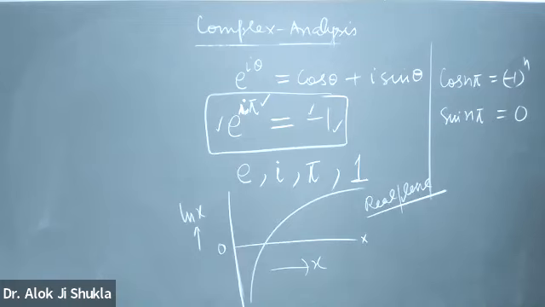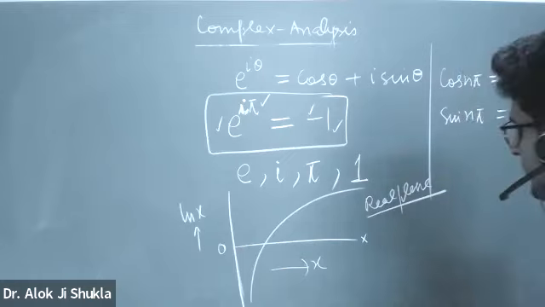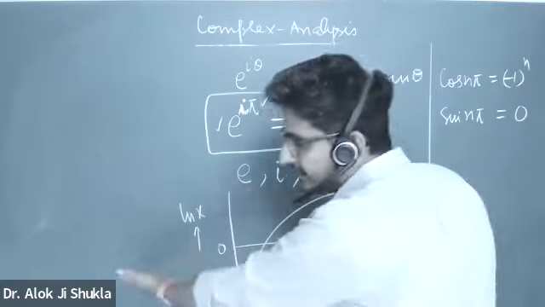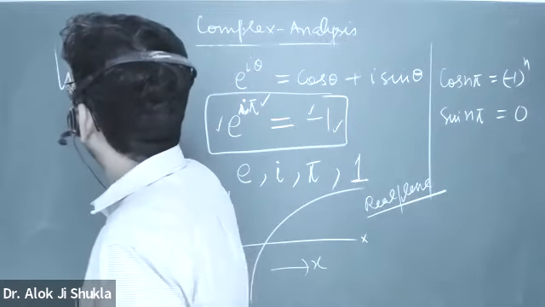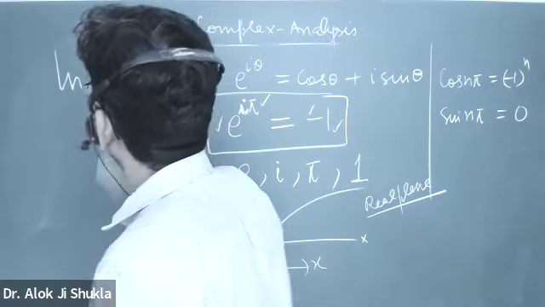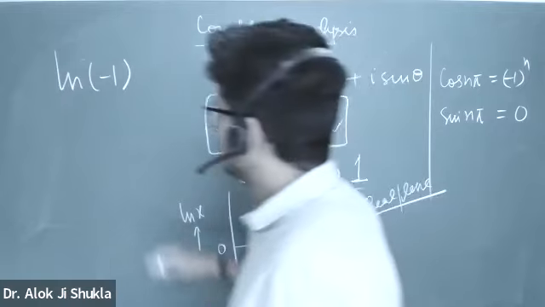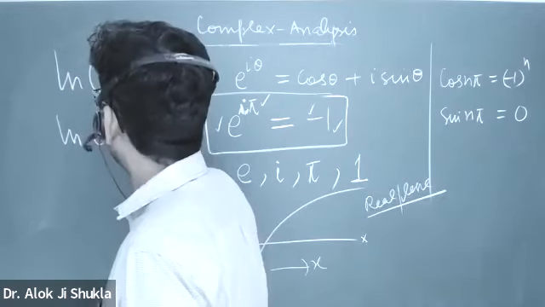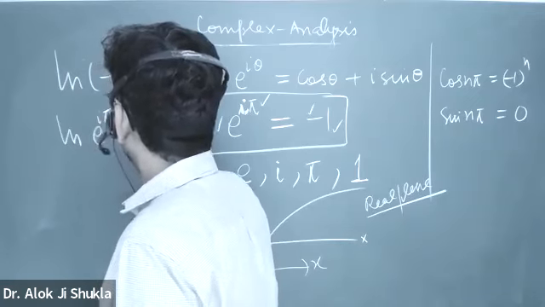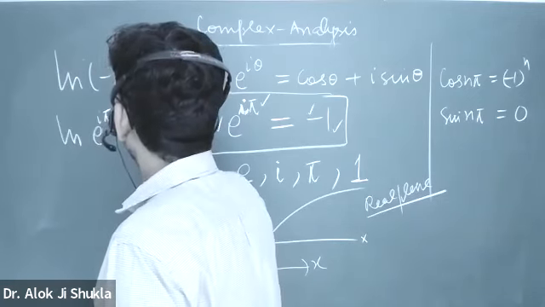Right? Yes, sir. So what is happening is that if you go to the left side, that means log of a negative number, for example, log of -1. Because now we understand this, log of -1 is log of e to the power iota pi. So this will become just iota pi.